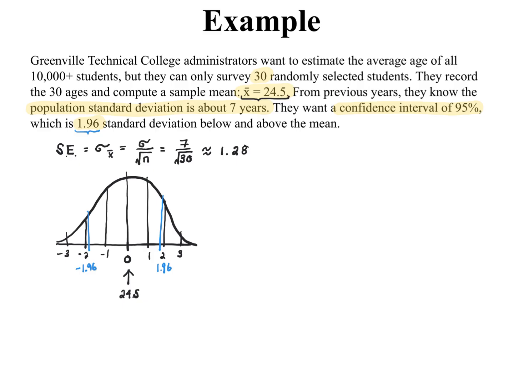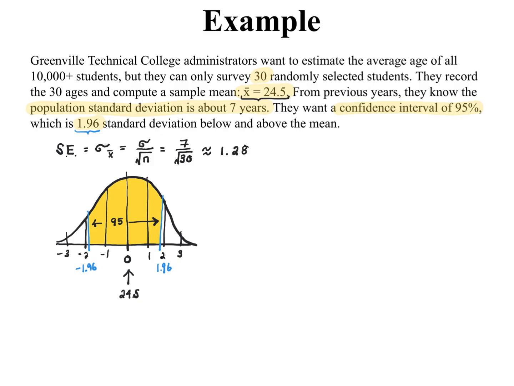And that means that this area between -1.96 and +1.96 gives us our 95% confidence interval. So here, 95% is everything that's highlighted in yellow. So that's 95% of our data within this distribution.